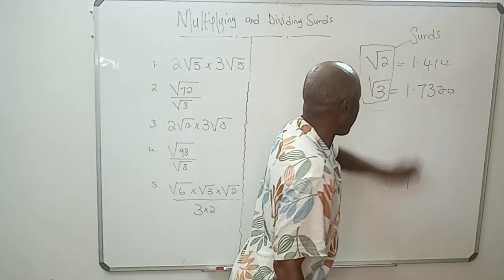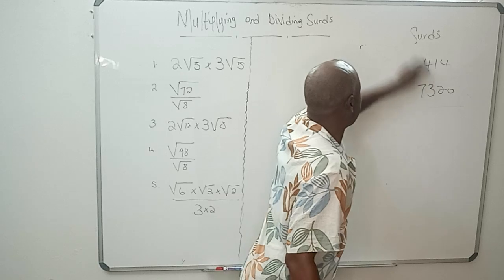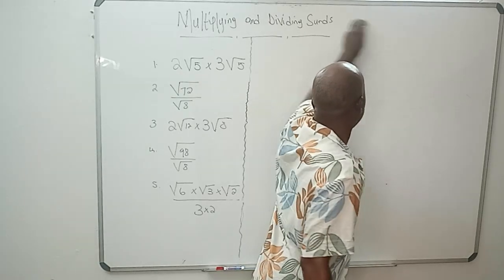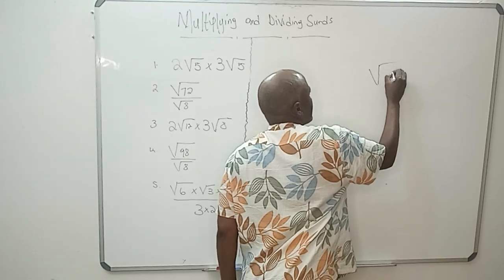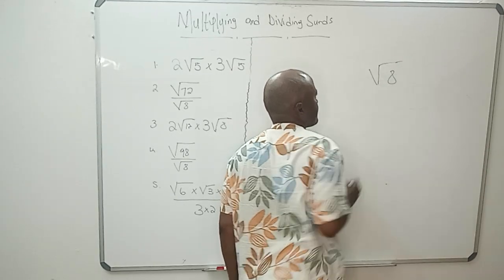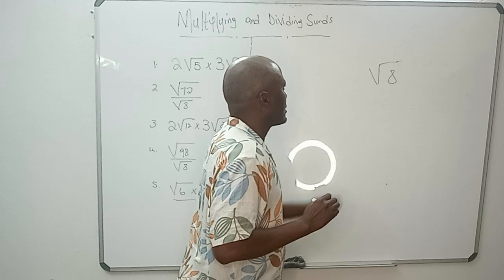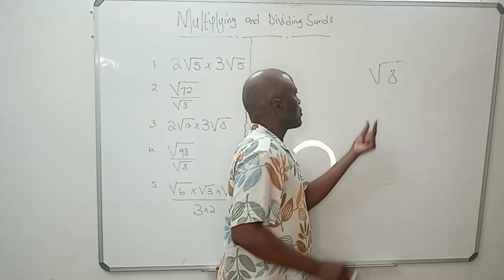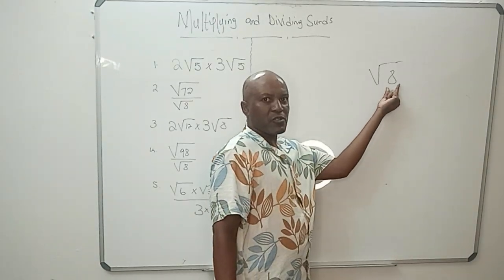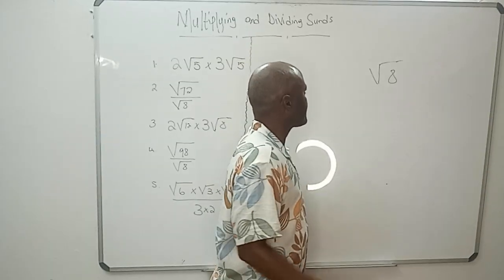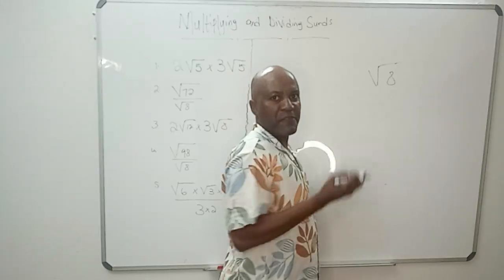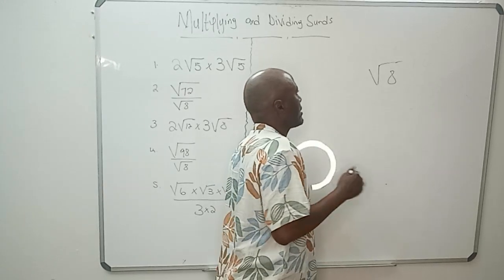Right? Now, what is the square root of 8? The rule says we need to find the factors of 8 that consist of a perfect square multiplied by a prime number.